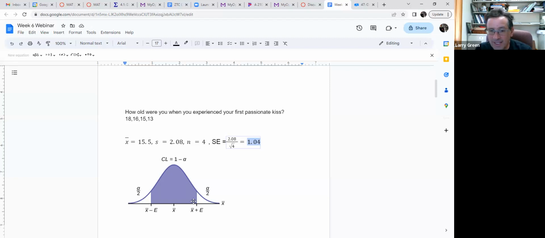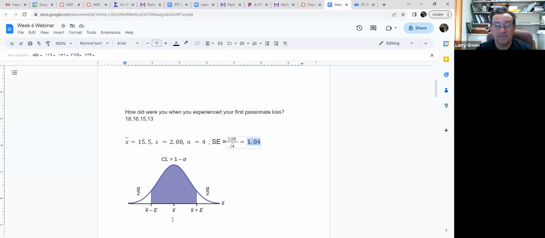That means we can be 95% confident that the population mean will be within 2 standard deviations of the sample mean. Any questions at all on that big deal right there? This is very important.